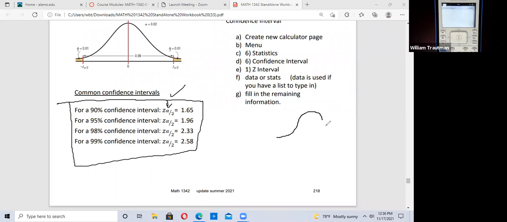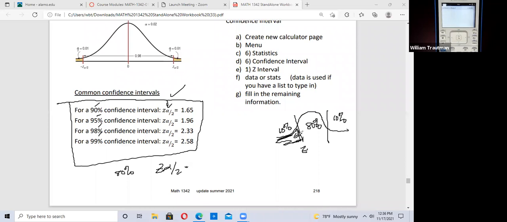So if we have a normal curve, and they ask, what's your Z value for an alpha over 2 of, let's do one for 80%. If we want the middle 80%, that means there's 10% left on this side and 10% left on this side, and we have to find the Z value.